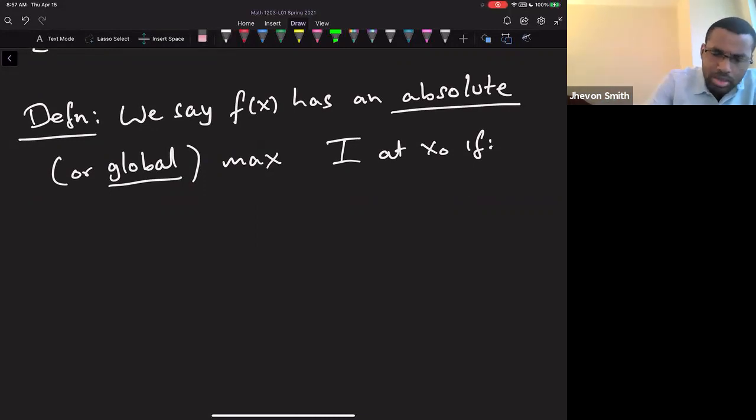We just say on this interval. In the interval can also work, I think, but we usually say on. We can say the function has an absolute maximum on this interval.